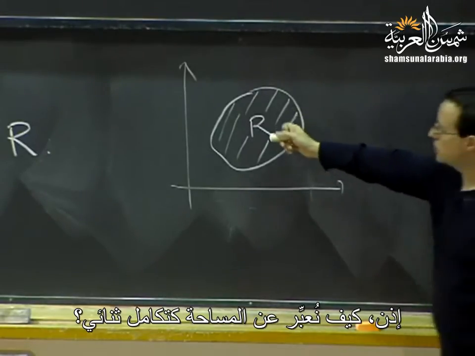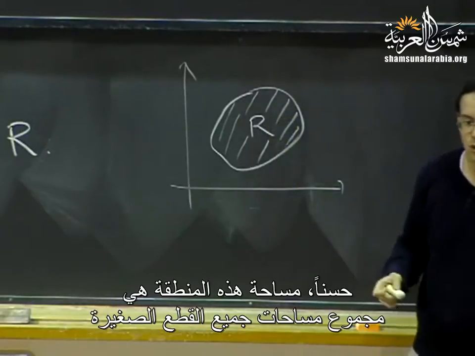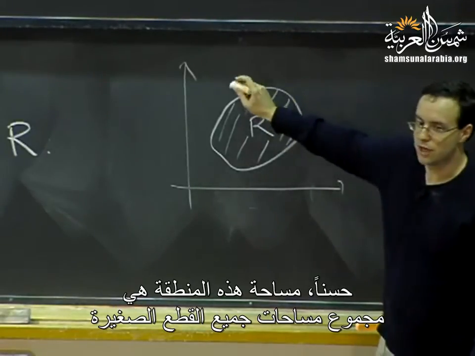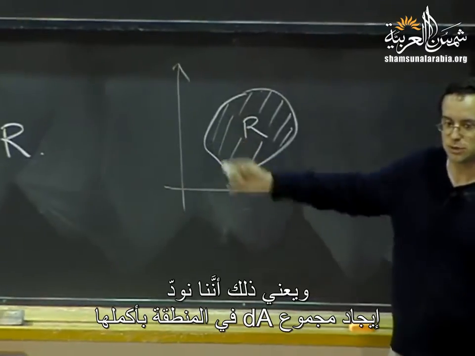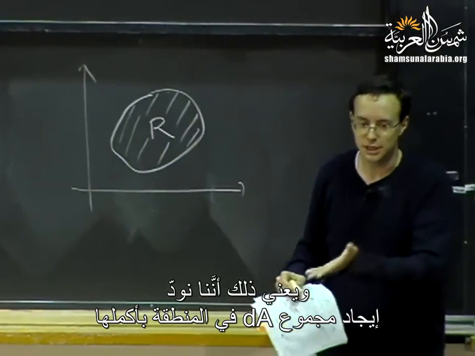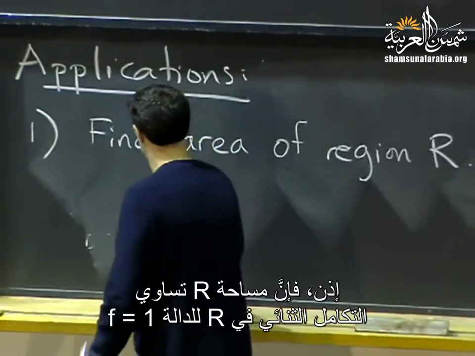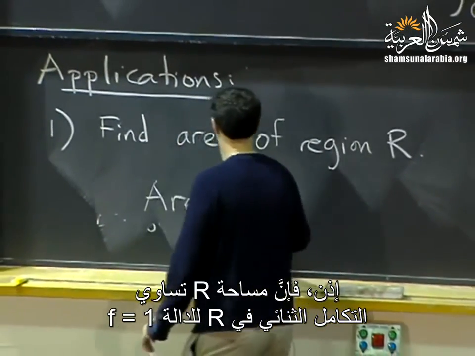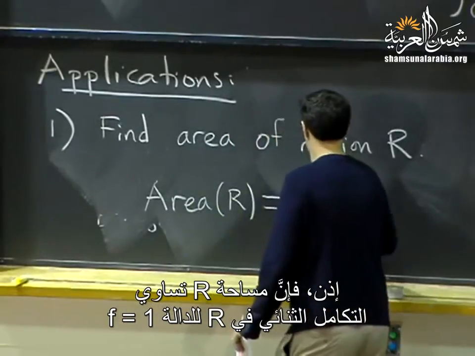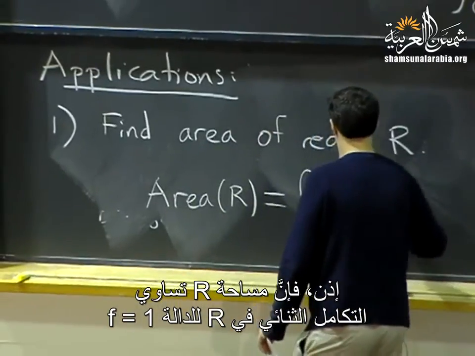So how do you express the area as a double integral? Well, the area of this region is the sum of the areas of all the little pieces. So you want to sum one dA over the entire region. Okay, so the area of R is the double integral over R of the function 1.